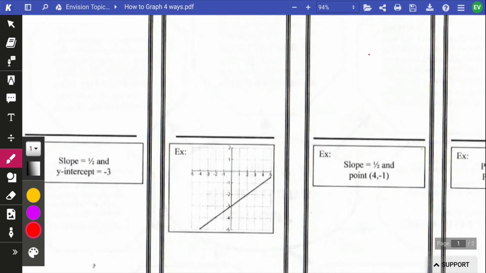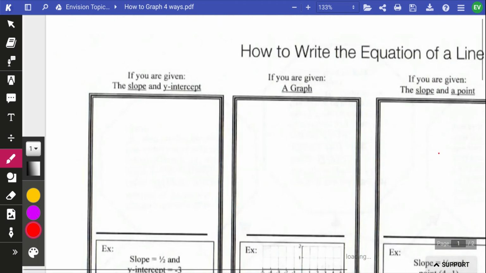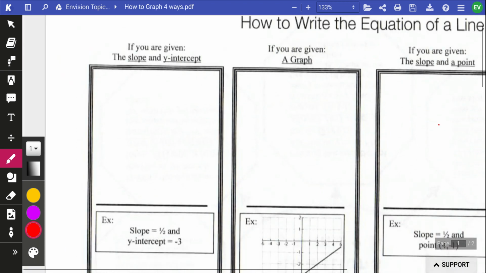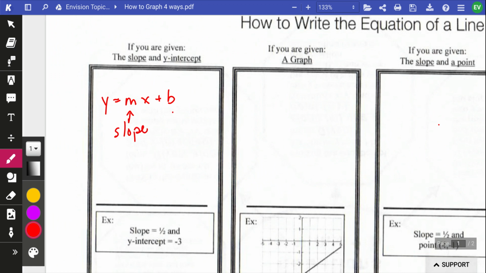Okay, so the first thing we're going to do is write the equation if we're given slope and y-intercept. The first thing you need to remember is that we have y equals mx plus b. M is your slope. B is your y-intercept.